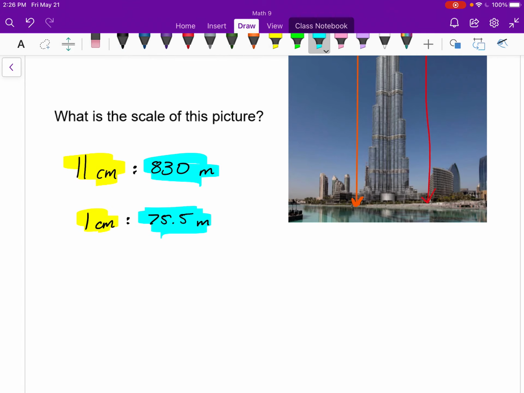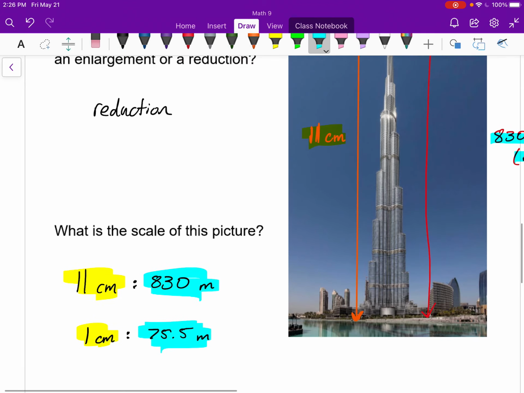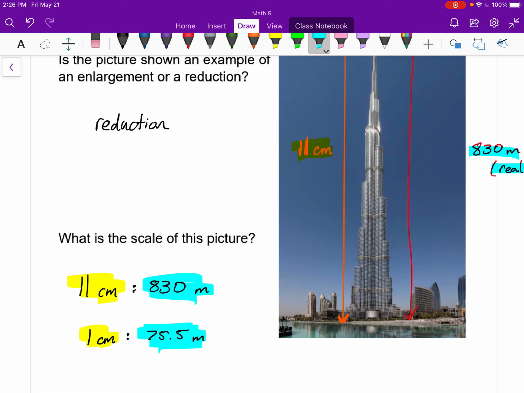So I think that's a slightly easier scale to work with. 1 centimeter on this diagram, on this picture, is the same as, and I am rounding, about 75.5 meters in real life. Because now I can use that to measure other things. I can measure the width of this building and get a good sense about how wide it is, or how tall these buildings are, depending on the perspective of them.